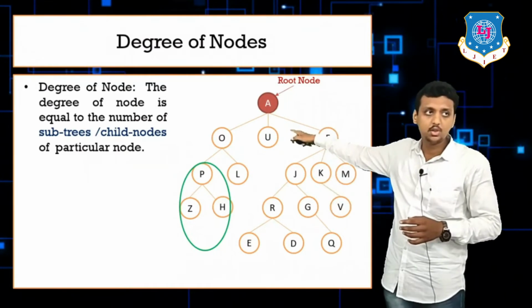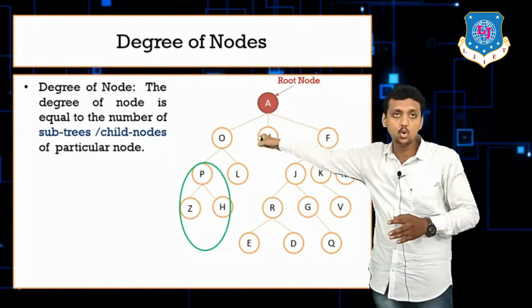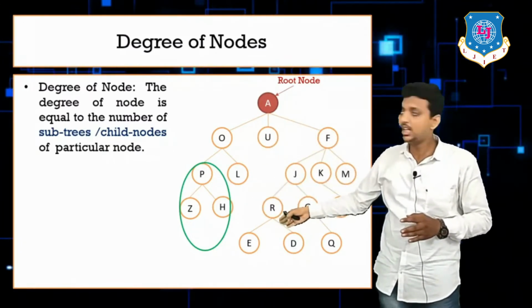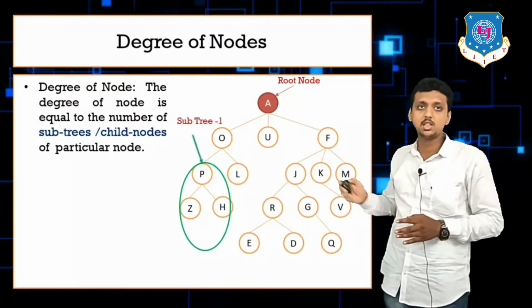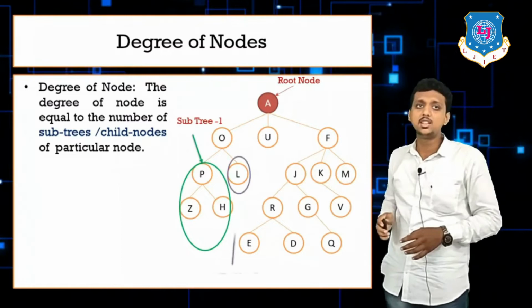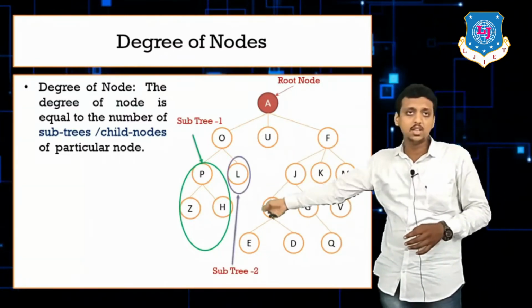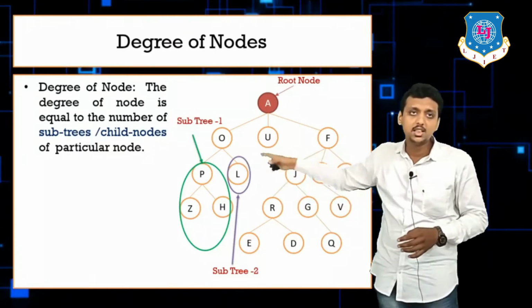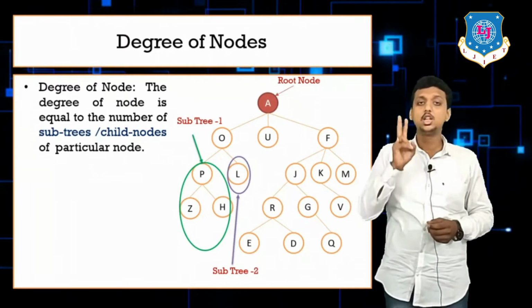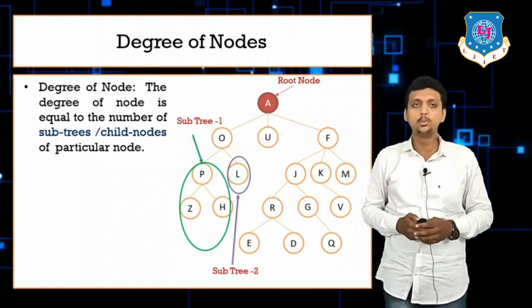If we talk about the node O, then all the left part is known as the left subtree. This is subtree 1, and another subtree, this L, is subtree 2. So students, with subtree 1 and subtree 2, node O contains 2 subtrees. That's why the degree of O is 2.